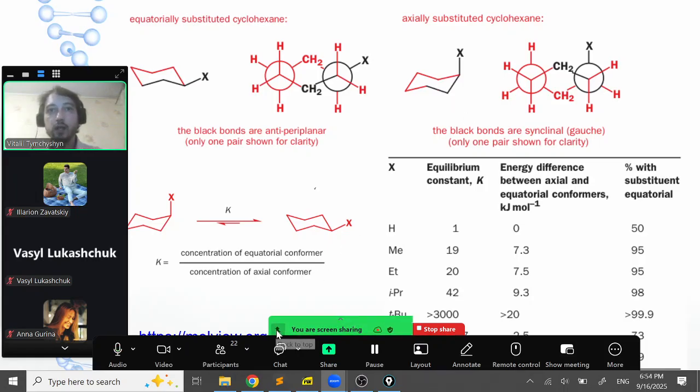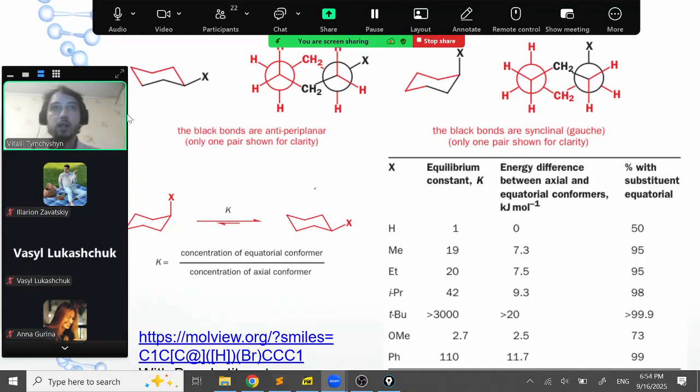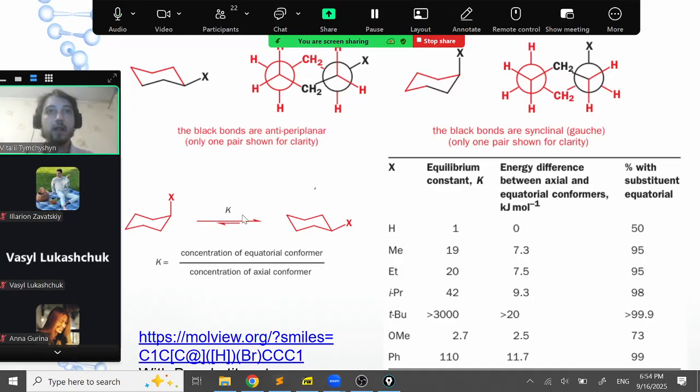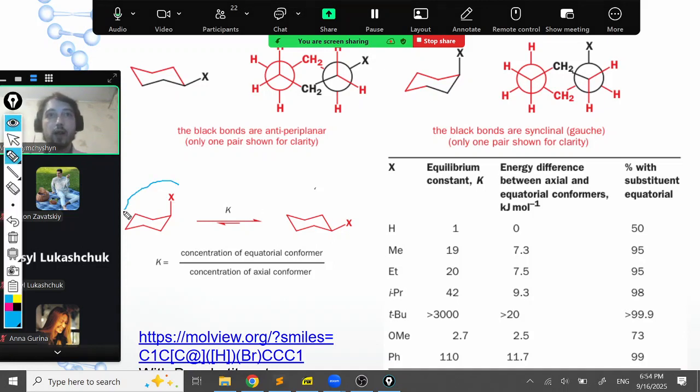And here is a table that tells us how strong that repelling force is, let's say. Here I have conformation 1, here I have conformation 2. They exist in the solution, or anywhere, at the same time, but in a different proportion.